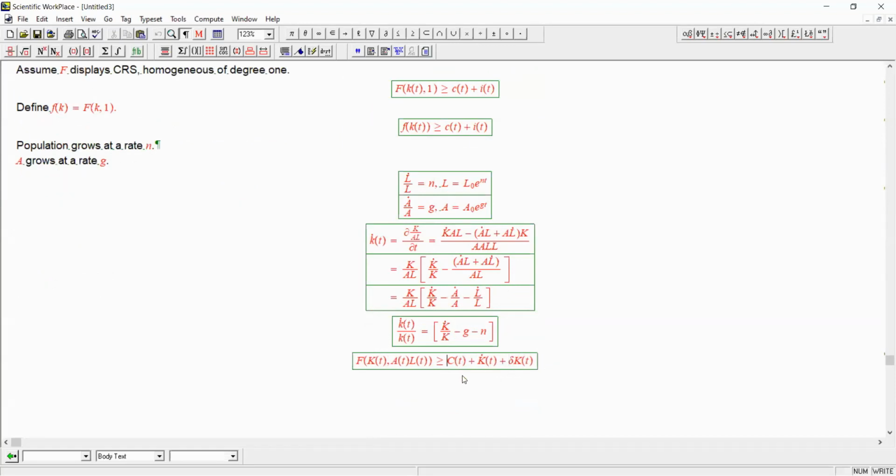And of course, because of local non-satiation, this becomes an equal sign. No resources will be wasted because utility is strictly increasing. We'll look at the utility function in a second.